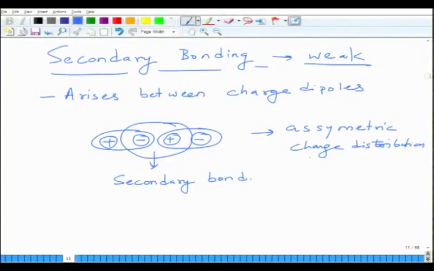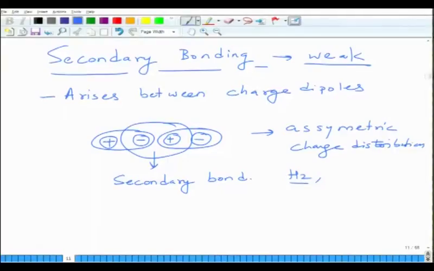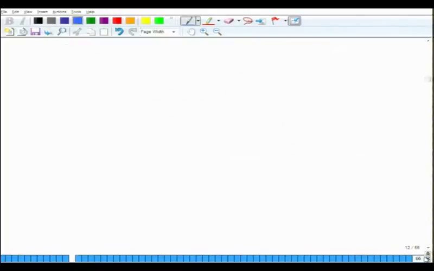Okay. So, this happens in things like hydrogen. Most of the gases have this kind of van der Waals structure because they have very weak bonds. Water molecules are secondary bonded.